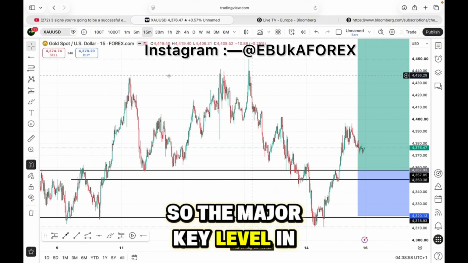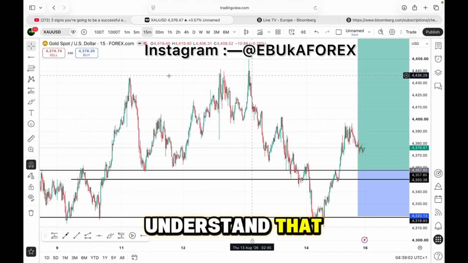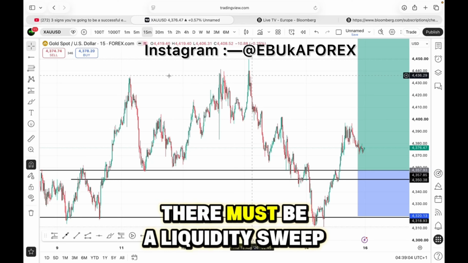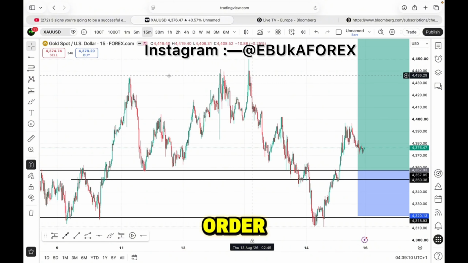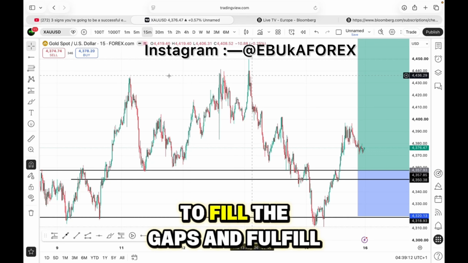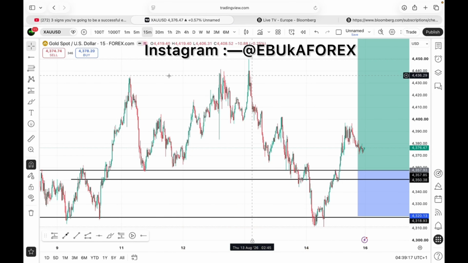So the major key level in the market is to help you understand that there must be a liquidity sweep or a market structure shift in order to fill the gaps and fulfill the order of price delivery. All these things are very easy.